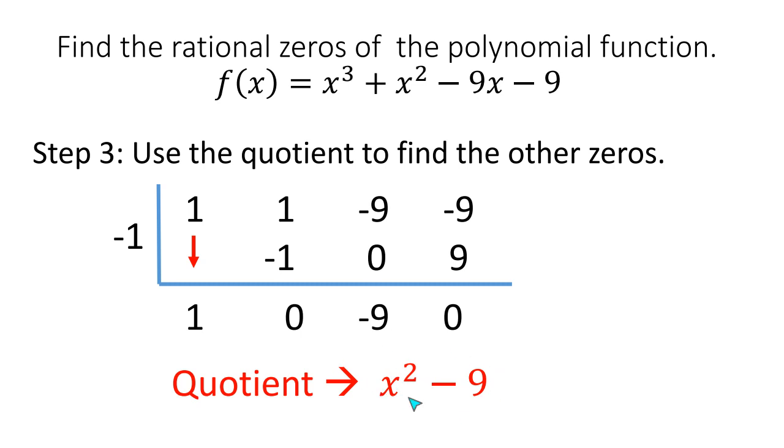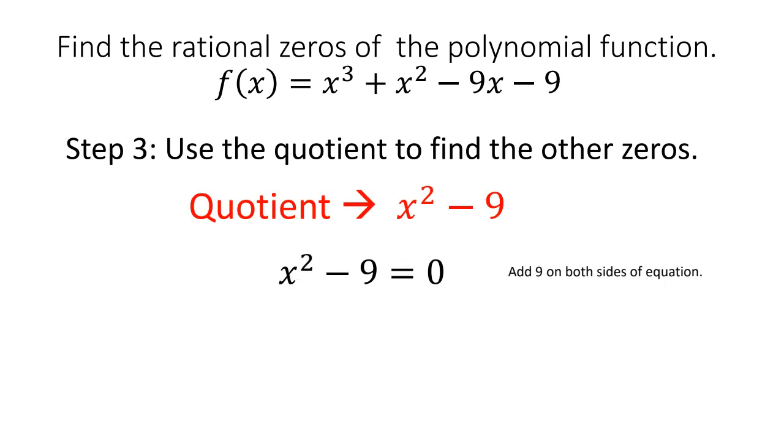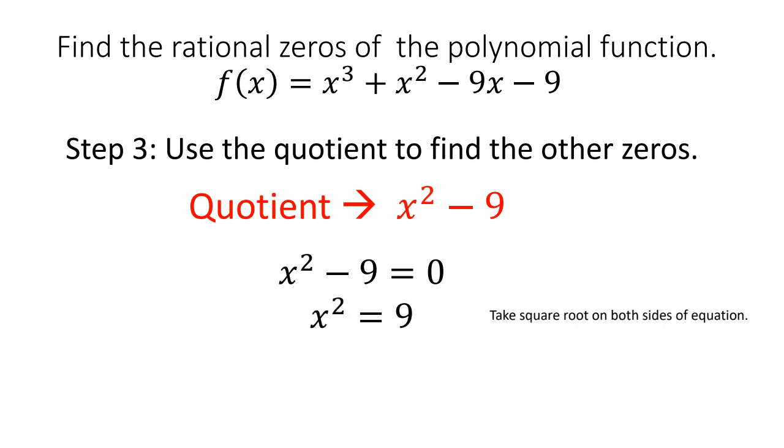And since this is quadratic, now we have options, right? We can use the quadratic formula. We can try to factor. In this situation, we could use the square root property. And so at least we have options for solving this type of equation. And so I'm going to go ahead and use the square root property and add 9 on both sides.